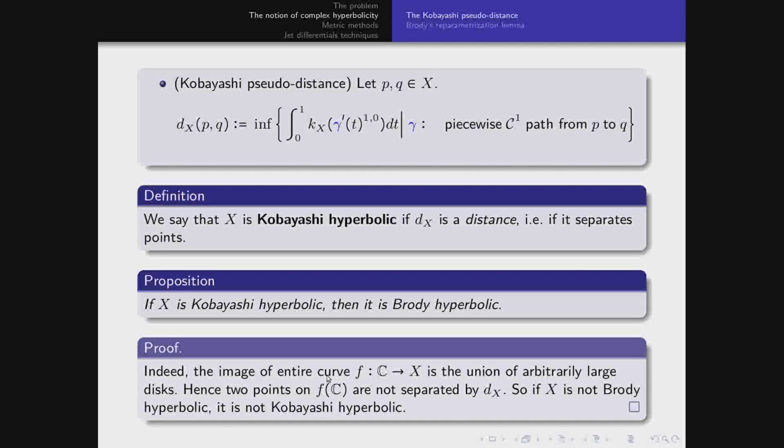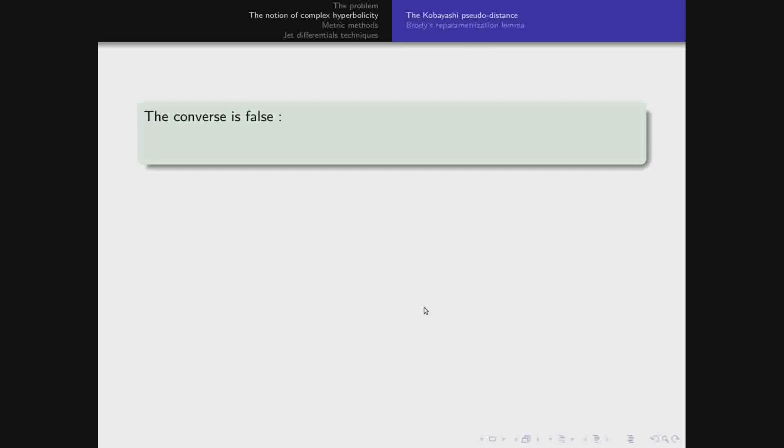So we have now two notions of complex hyperbolicity and one implication from one of them towards the other. And what I would like to say now is that Kobayashi hyperbolicity is strictly stronger than Brody hyperbolicity. So why is that?